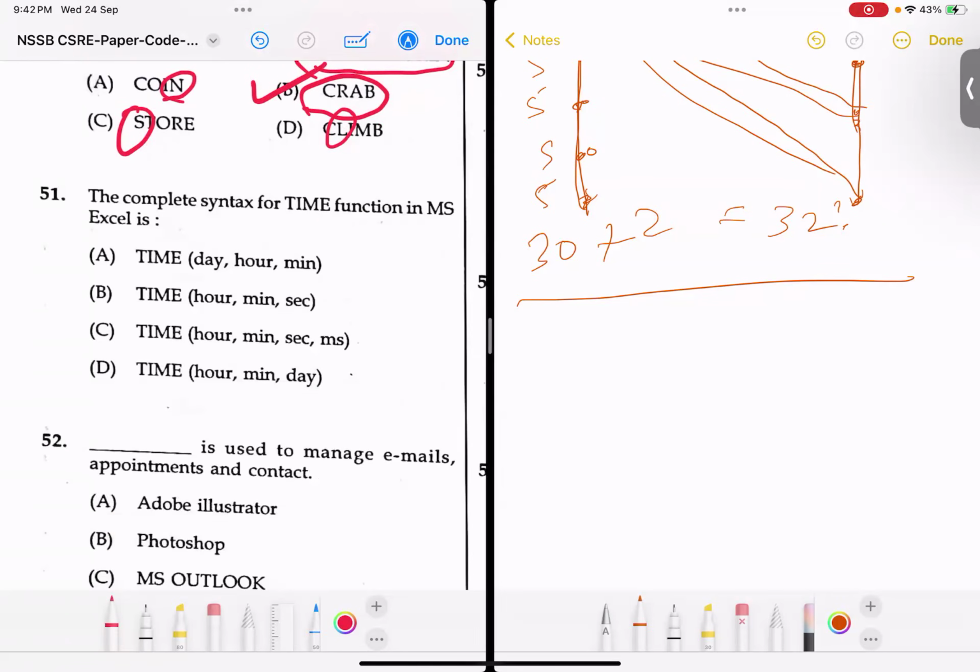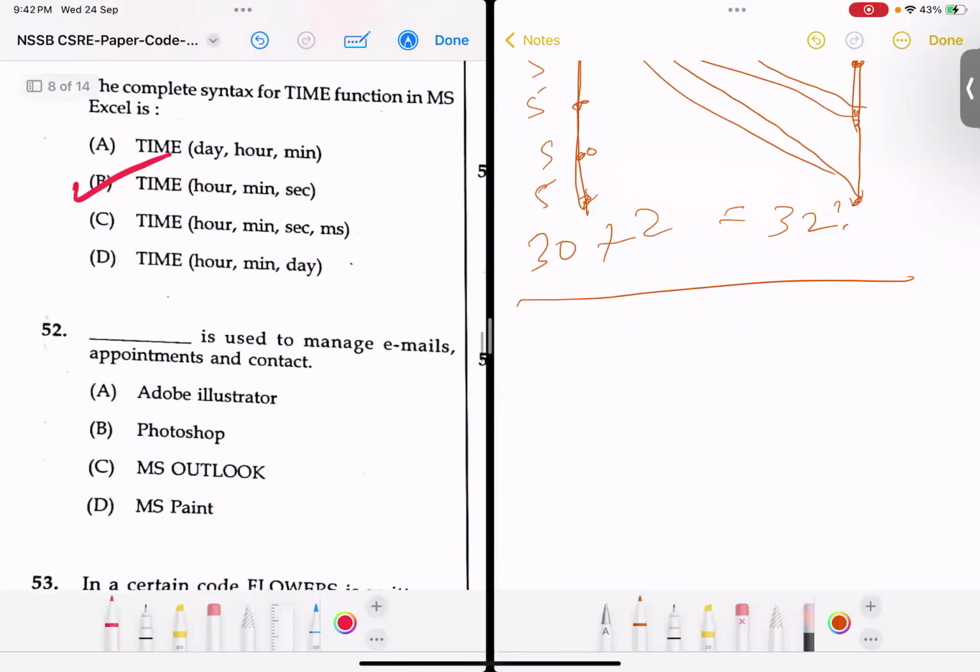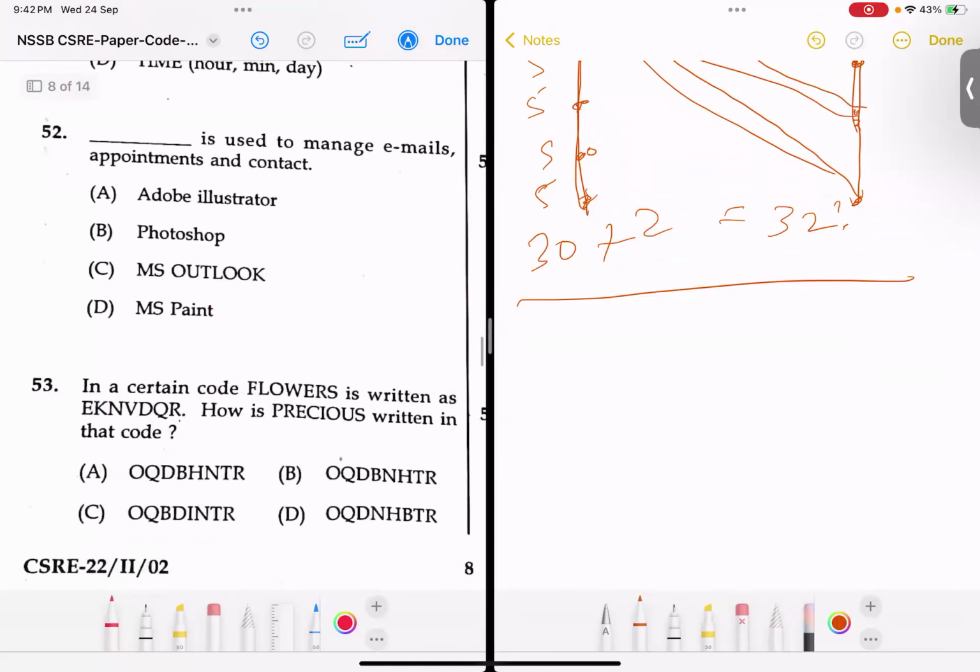The complete syntax for the time function in MS Word is, so this is a direct question. It's time, hour, minute, and second, okay? It exists in this form. Question 52: which is used to manage emails, appointments, and contacts. So this is MS Outlook, okay? In Microsoft Office, we have different types of applications, right?